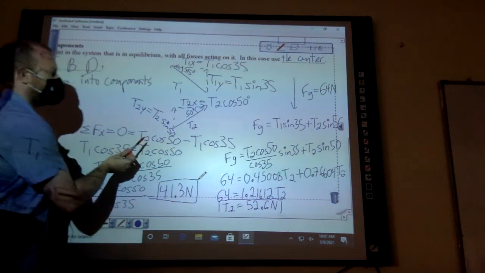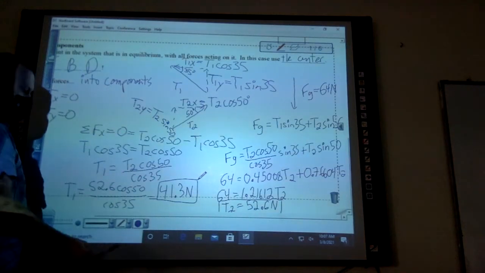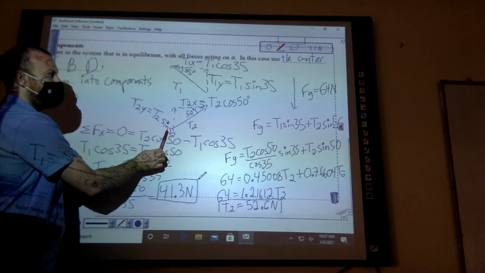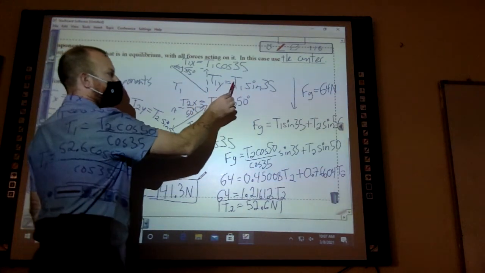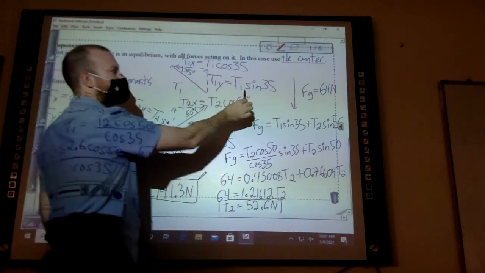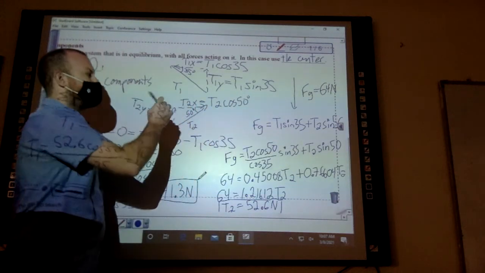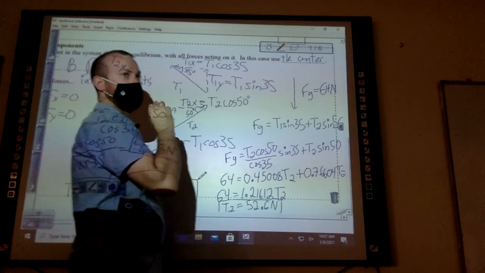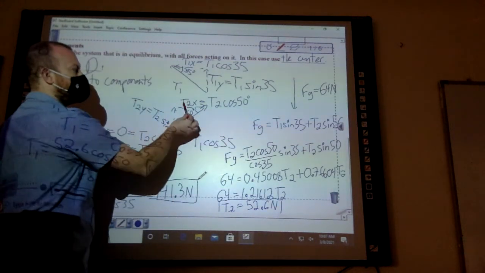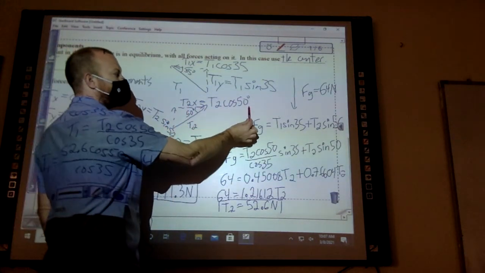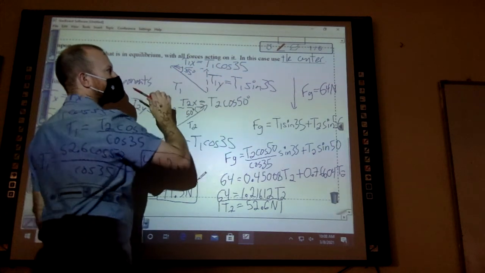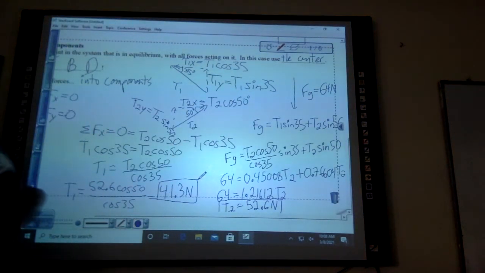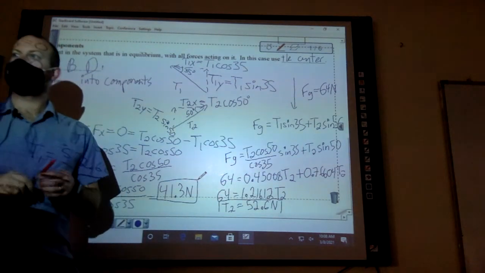But if I did T2, 52.6 times sine 50, plus 41.3 times sine 35, if I added those two y components together, they would equal 64. And if I did T2 cos 50 and T1 cos 35, they would equal each other. They're just in opposite directions. So it would work.